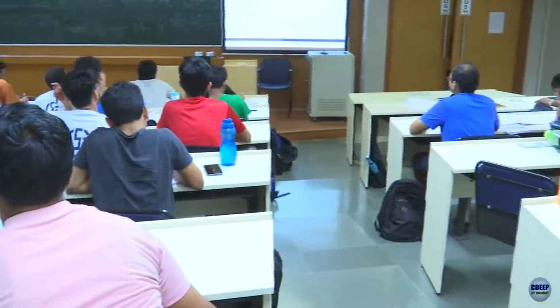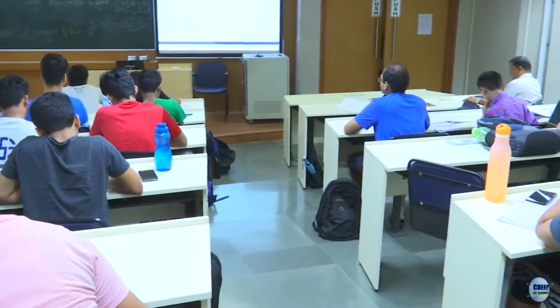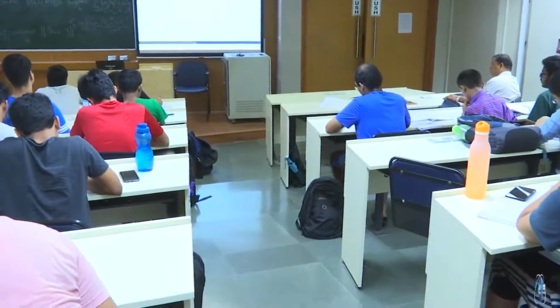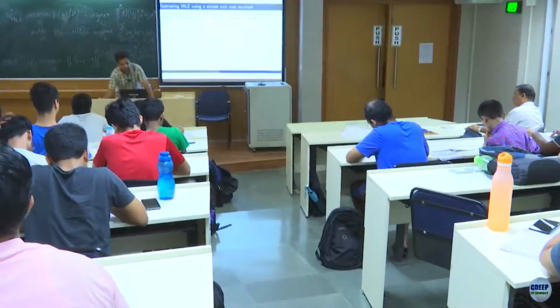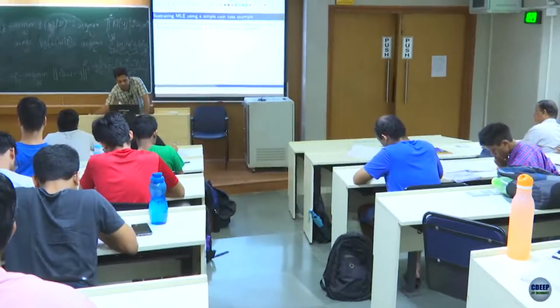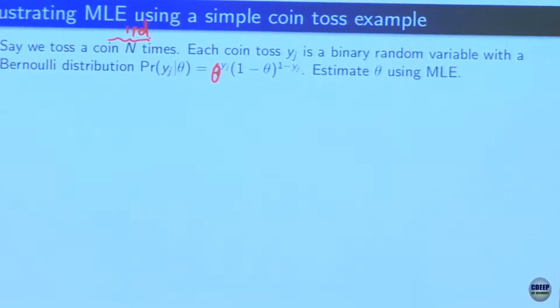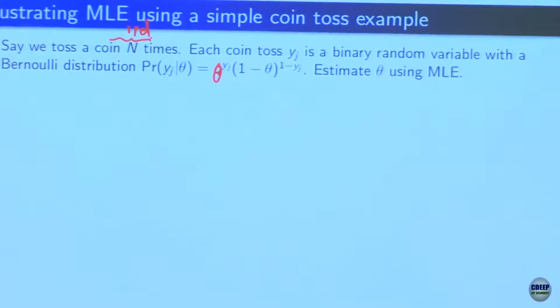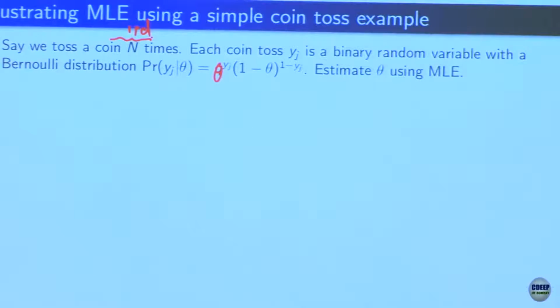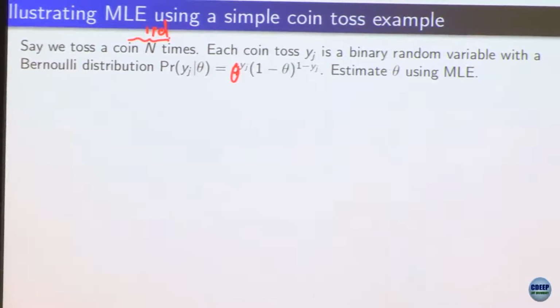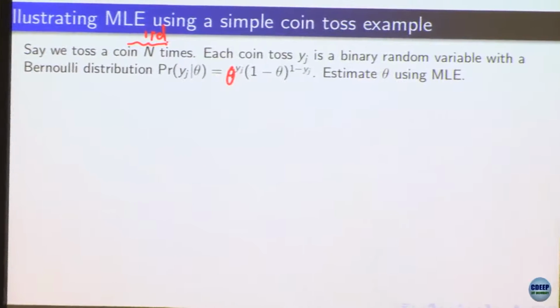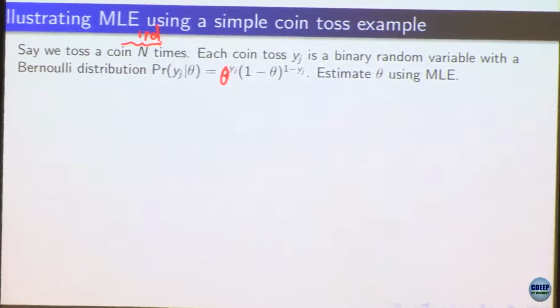Sorry, there are n coin tosses, and this is where IID comes in. The n coin tosses are all independent of each other, so you can bring in the IID assumption. You can assume that out of the n coin tosses, some number m are basically heads.